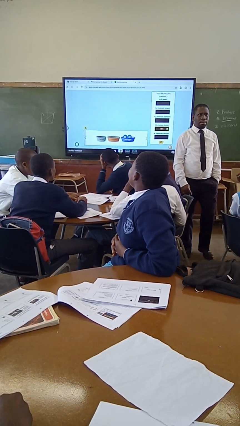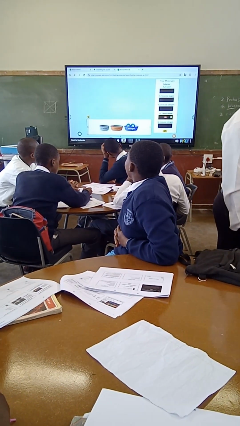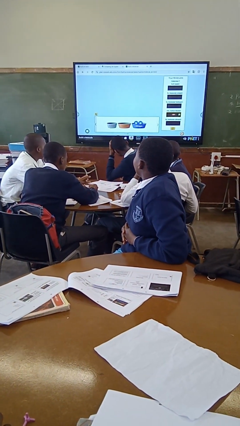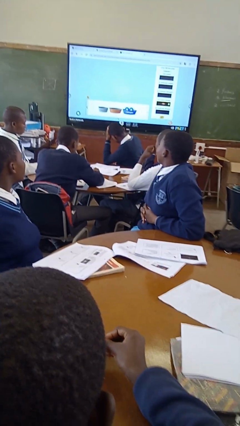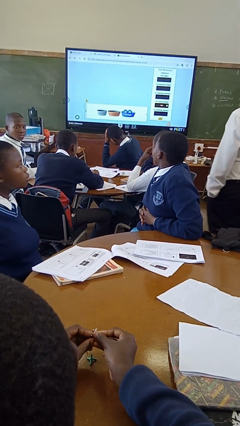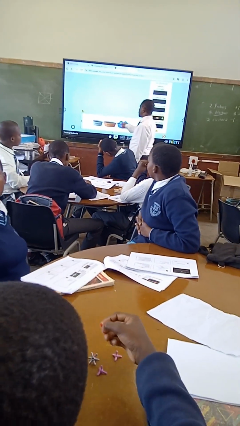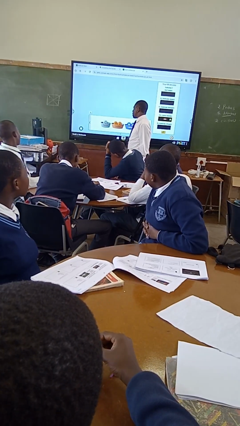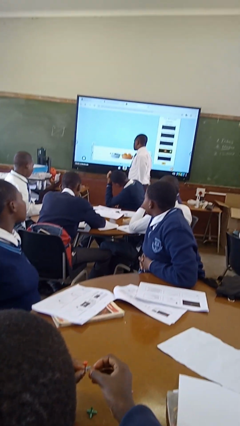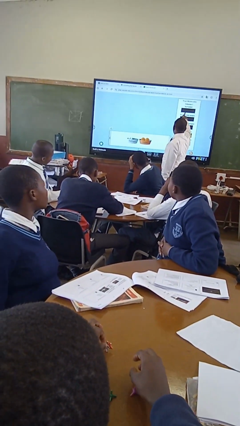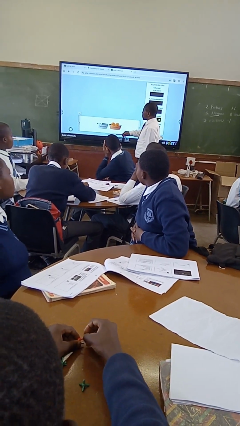And then somebody is supposed to do a water molecule. If you want this dish to be filled, you just refill them. Can you see? Where can you find water? It is supposed to have 2 hydrogen and 1 oxygen.